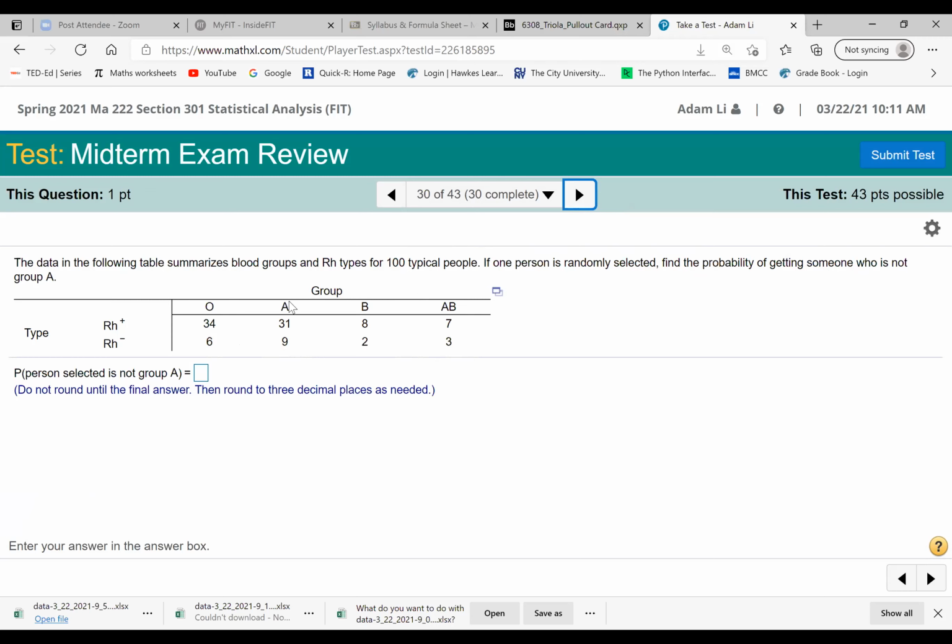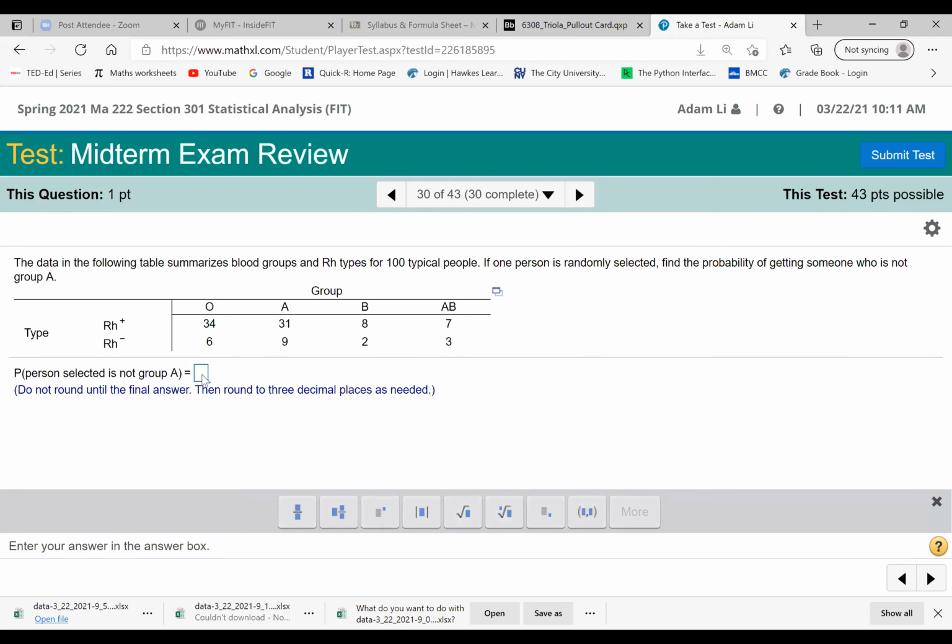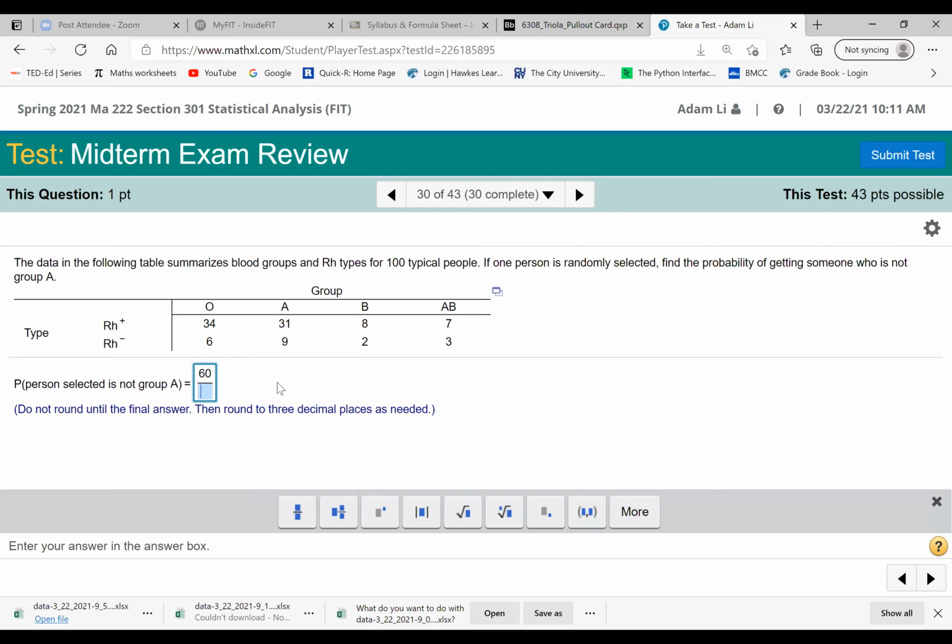So everything other than group A, meaning you add up group O, group B, and group AB. Group A has 40 people, total 100, meaning the remaining will be 60. So it's 60 over 100. They want decimal numbers, so it's 0.6. They want 3 decimals, 0.600.